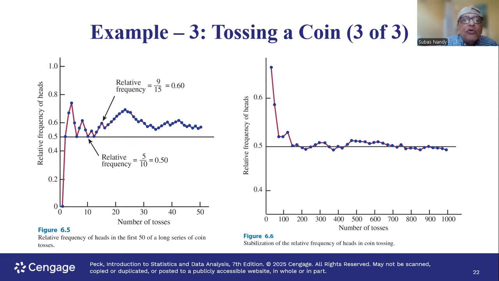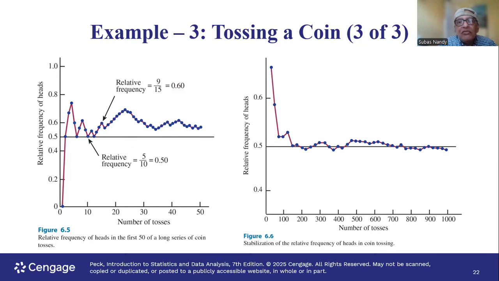Blue is the relative frequency of heads in real life. And as you can see, most of the time the blue dots are above the black horizontal line, which is the theoretical probability of a head, which should be 0.5. That does not happen if you toss the coin 50 times. The probability is not really 0.5, it's slightly above it.